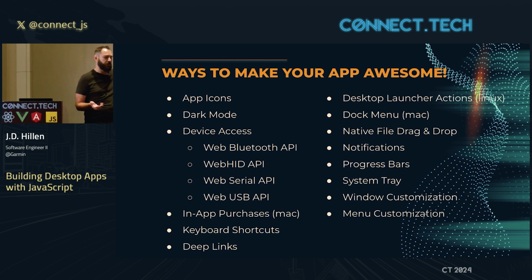You can't do it with Windows, excuse me. Keyboard shortcuts, deep links, desktop launcher actions, those are actually pretty cool. You've got your dock menu, so you can customize all of that, native file drag and drop, notifications, progress bar, system tray, Windows customization, all those different things you have access to make your web app even better.